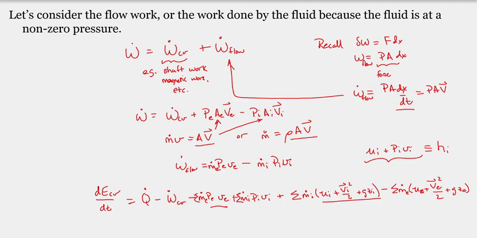So if we know we have to account for the flow work every single time, we decided, well, let's just bundle that in with the internal energy of the fluid, because it's also dependent on those thermodynamic properties, the density of the fluid, the pressure of the fluid. And so for the control volume conservation of energy, what we end up with is an expression that looks like this.